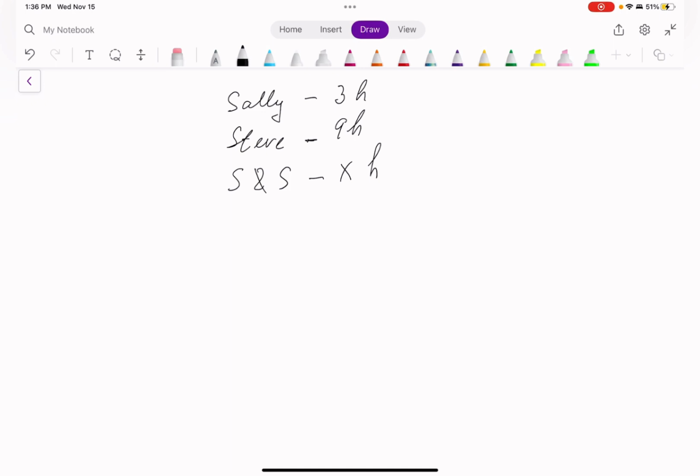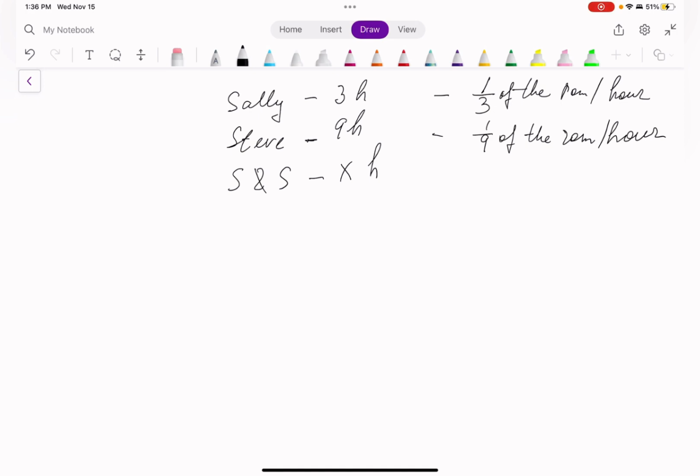So per 1 hour Sally can paint 1/3 of the room per hour. Steve will paint 1/9 of the room per hour.